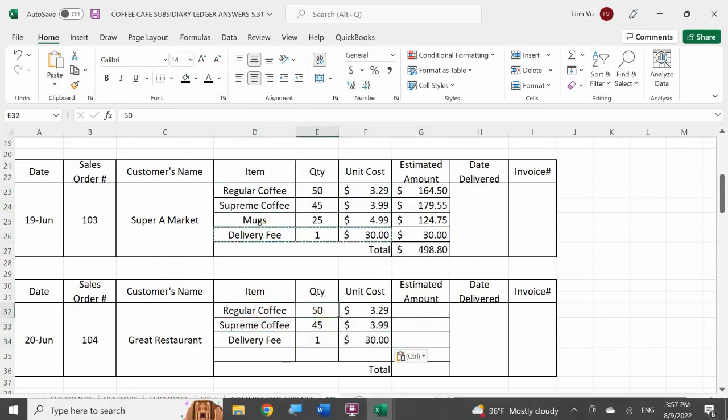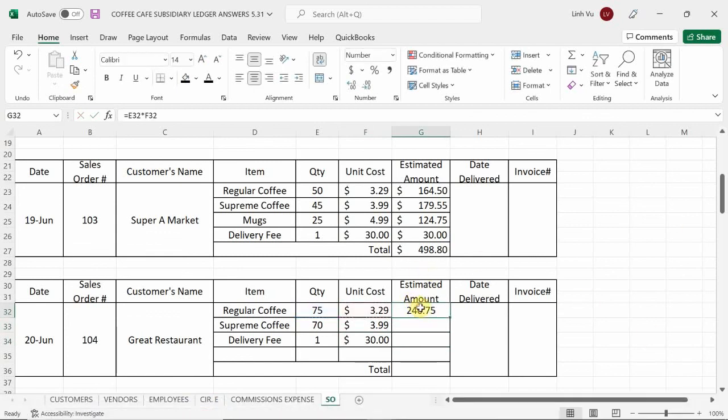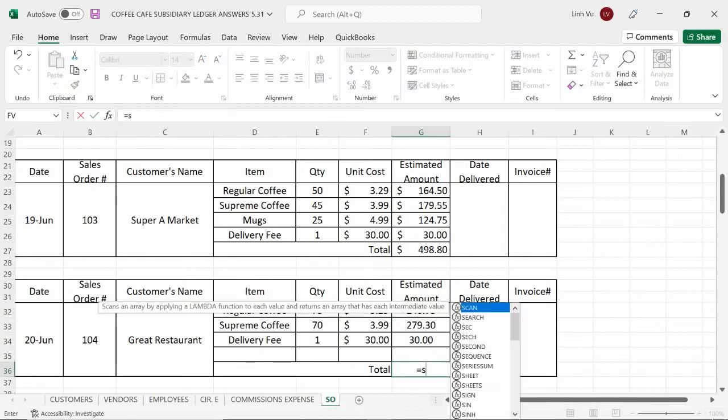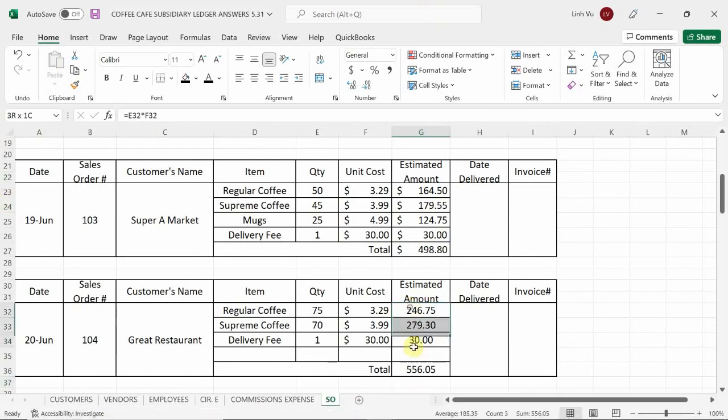They want 75 pounds of the regular coffee, while they want 70 pounds of the Supreme coffee. So let's do our calculations to ensure that this is correct, and tally up our totals. They're going to owe $556.05, which is correct. That's exactly what we quoted them for.